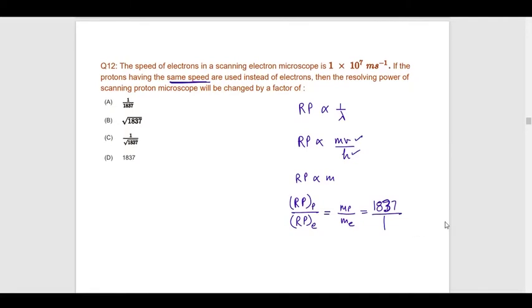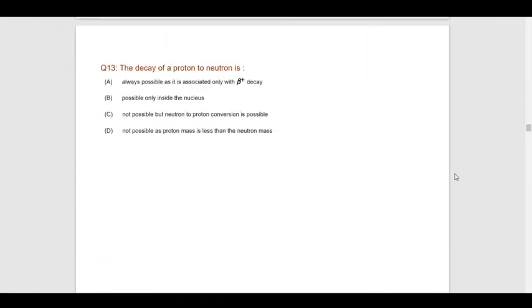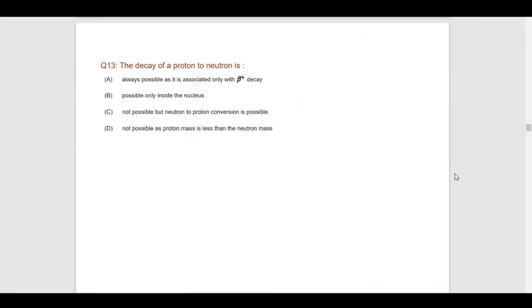Okay, so the answer of this question becomes option D. So next question says that the decay of proton to neutron is, option A says, always possible as it is associated only with beta positive decay; possible only inside nucleus, this seems correct; not possible but neutron to proton conversion is possible, somewhat questionable; and not possible, actually this statement is also wrong, not possible as proton mass is less than the neutron mass.